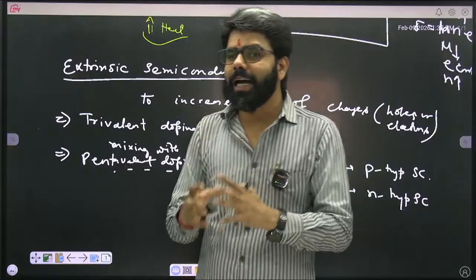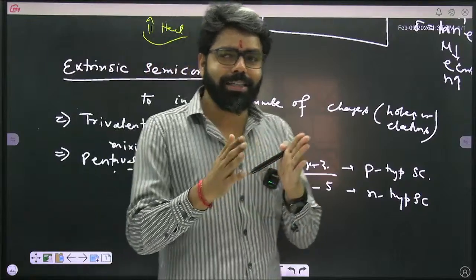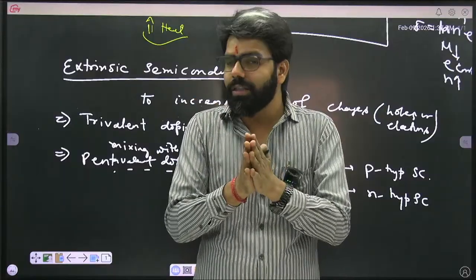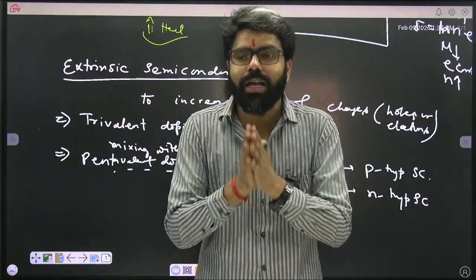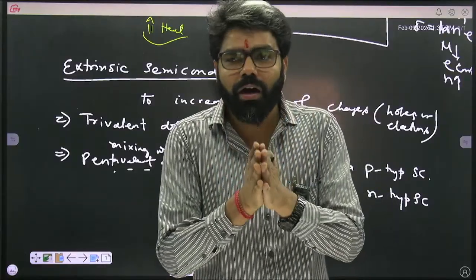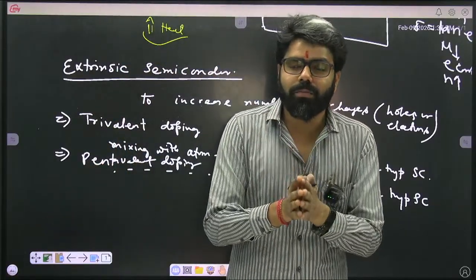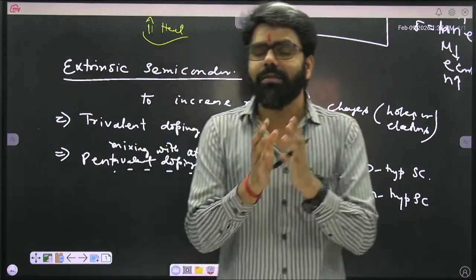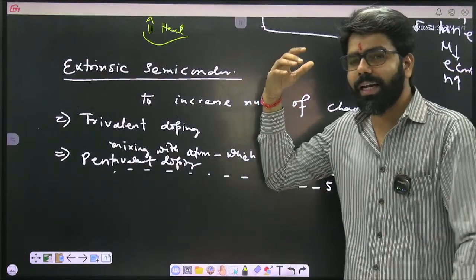That is how p-type or n-type semiconductors form. If you have the misconception that we can simply fix or join them, no, it is not possible, because bonding takes place at the atomic level. We have to decrease the distance between the two atoms to the order of 10 to the power minus 14 to 10 to the power minus 15 meters, and only then will bonding occur. That is why we cannot simply fix things together to make an extrinsic semiconductor. This question is given in the NCERT. You should learn it, and this kind of question can be asked in theory as well.